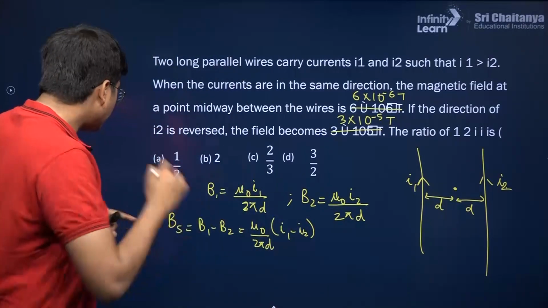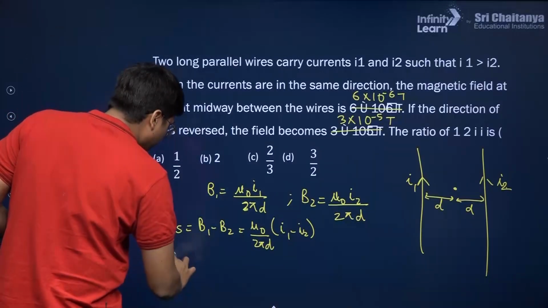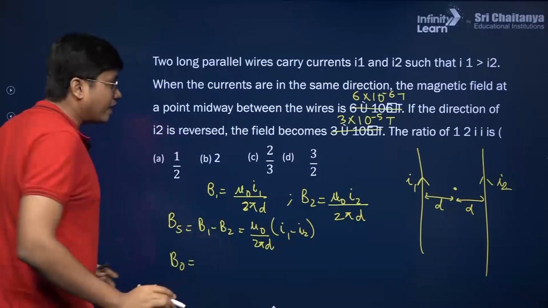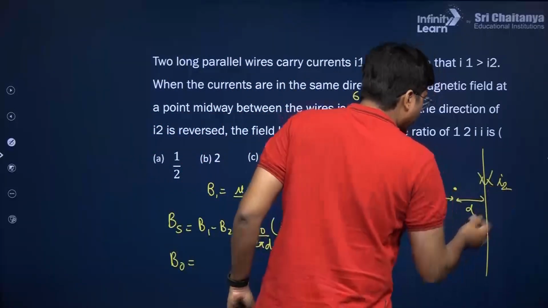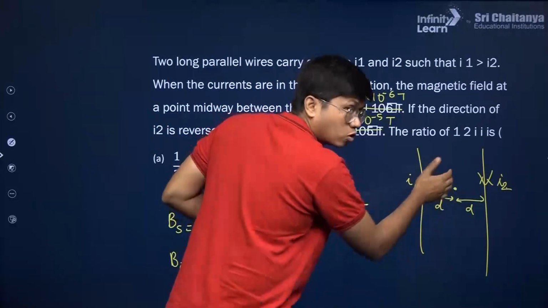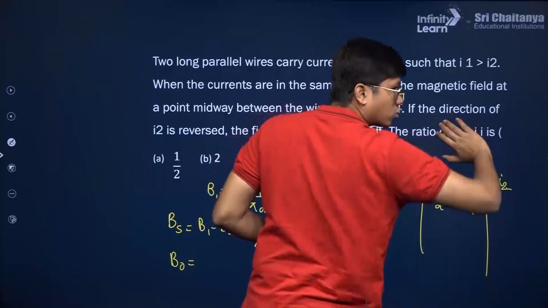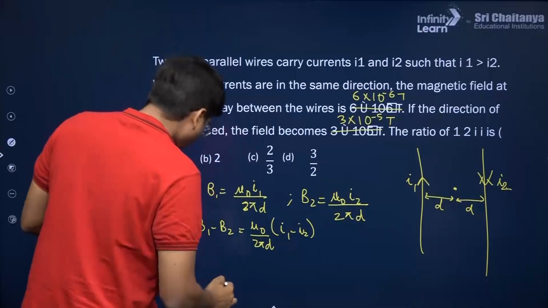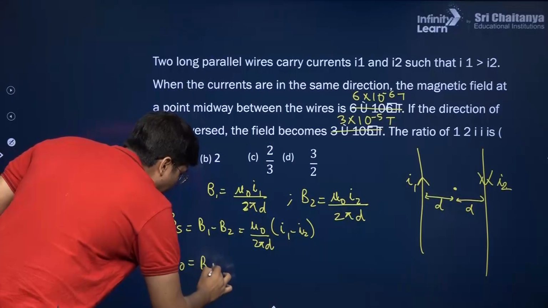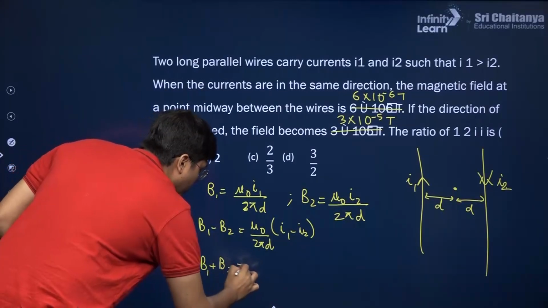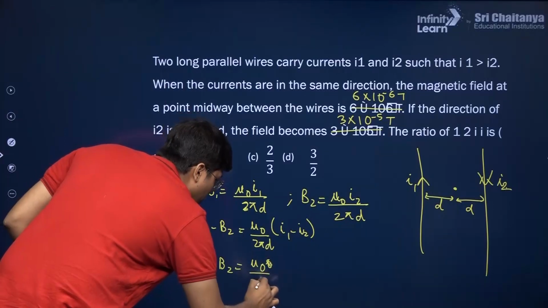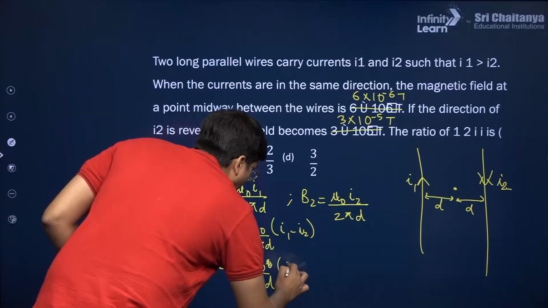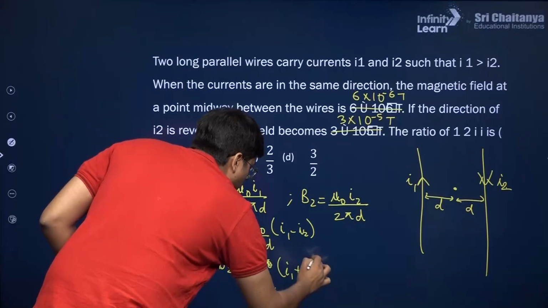In the second case, when they are moving opposite to each other, then in that case magnetic fields are supporting each other, because suppose if I2 is reversed, then the magnetic field because of this goes into the page, because of that also goes into the page. So there you have B1 plus B2, which makes it mu naught, let's leave the I for now, 2 pi d into I1 plus I2.